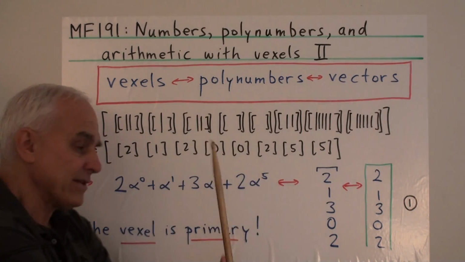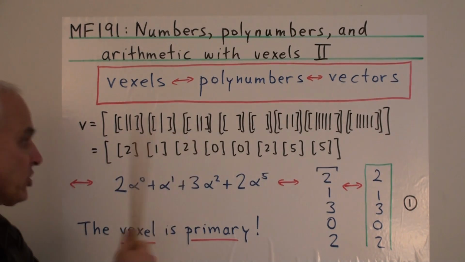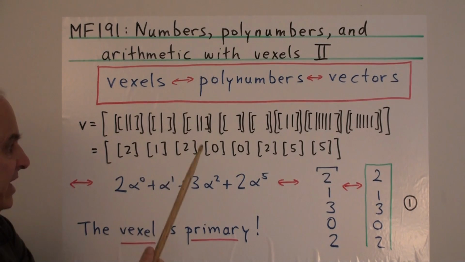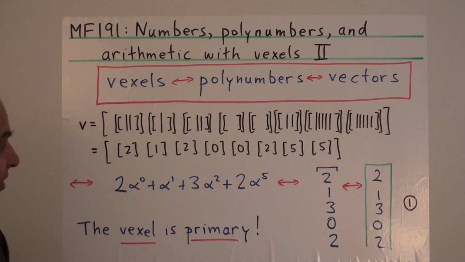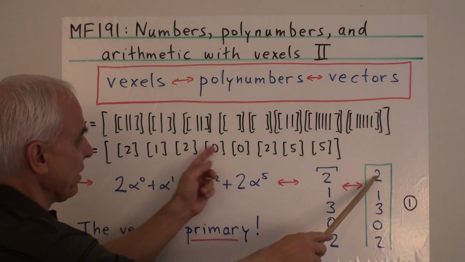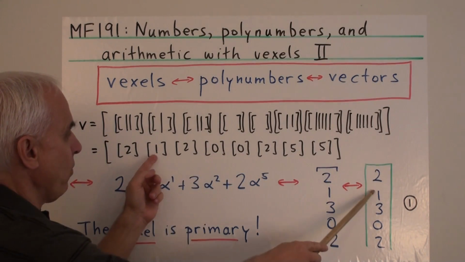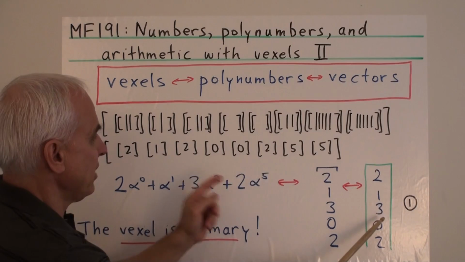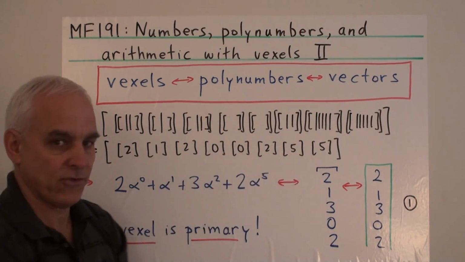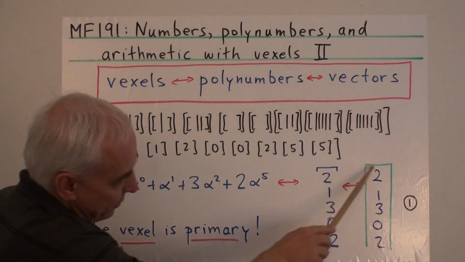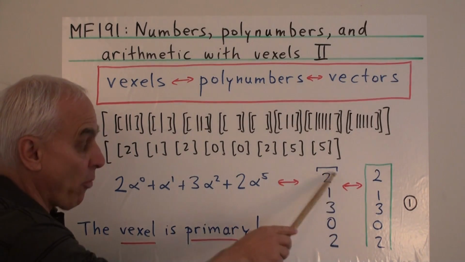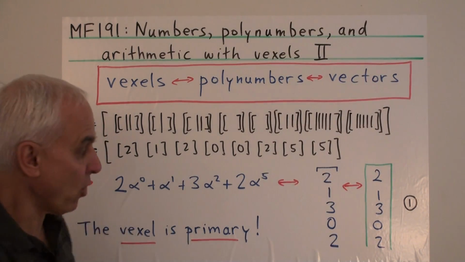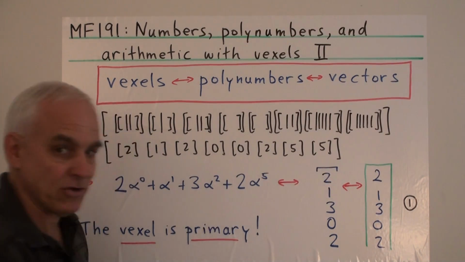Now this notion of a vexel has an alternate formulation, another way of representing it, in terms of a vector like this, where we record the multiplicities. We say that there's 2 zeros, and 1 one, and 3 twos, 0 fours, and 2 fives. Looked at as a vector, that's really almost the same as what we formerly called a polynumber, written like this with a little bracket on top.